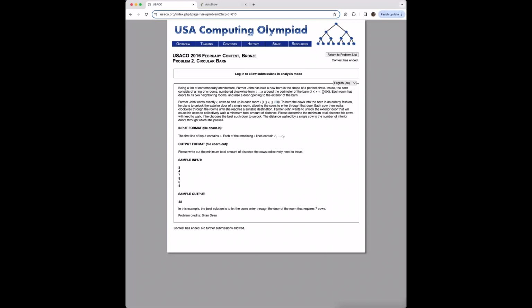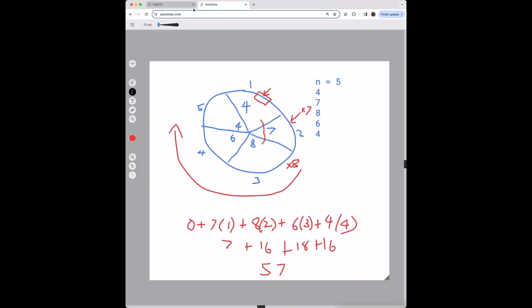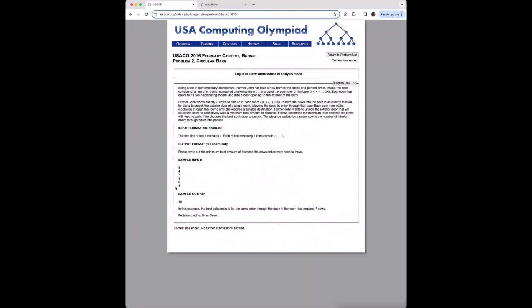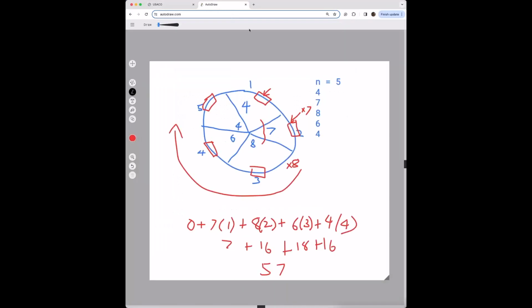So since the constraints are very small, the overall solution we can use is a simulation where we try simulating what would happen if we use each barn's exterior door, compute the amount of distance traveled for each one, and then take the minimum. And the output just requires the amount of distance traveled, so you don't even need to keep track of which barn has the least.